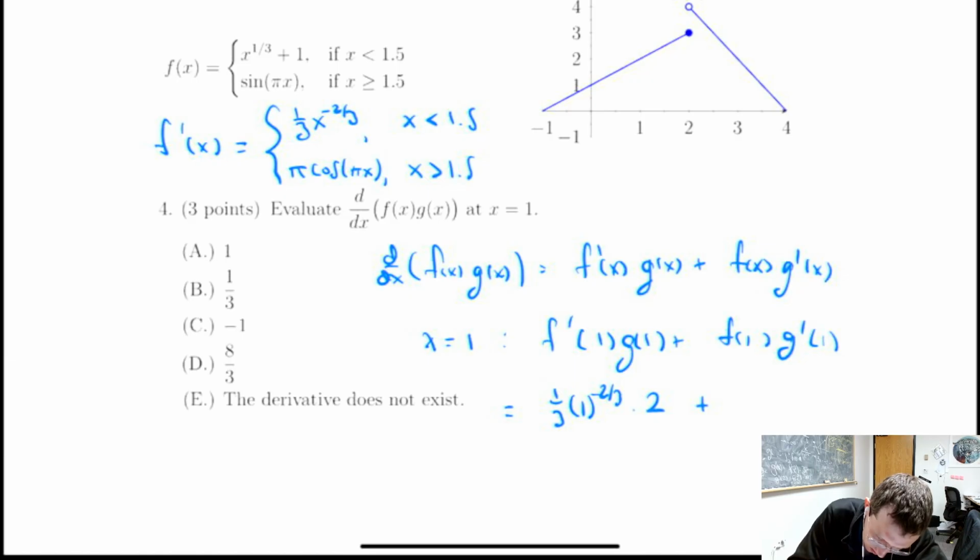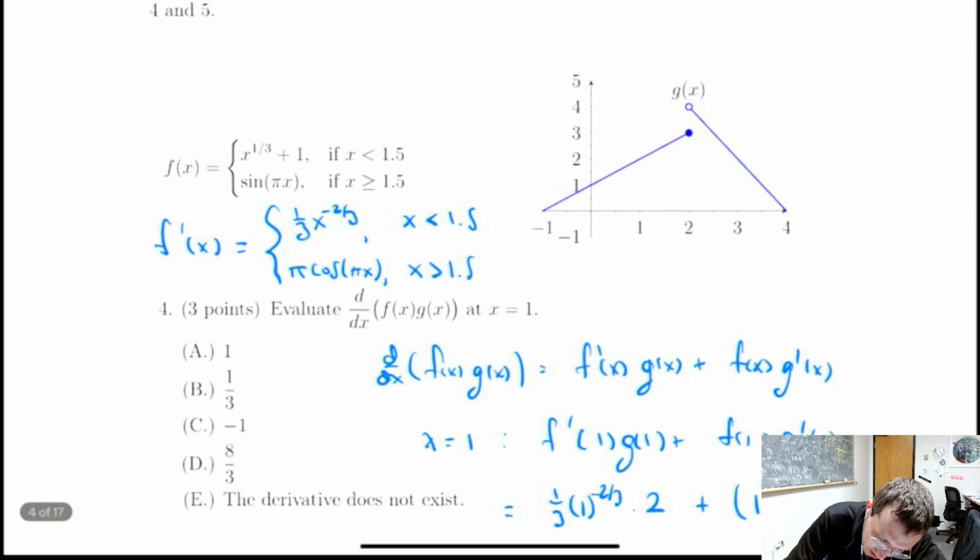F of 1, once again, 1 is still less than 1.5, so I'm going to plug that into this first row, and I'll get 1 to the 1/3 plus 1. And then I need g prime of 1. G prime of 1 is the slope of the tangent line right here. That's a straight line. If I go over 1, it's also going up 1. So that's a slope of 1.